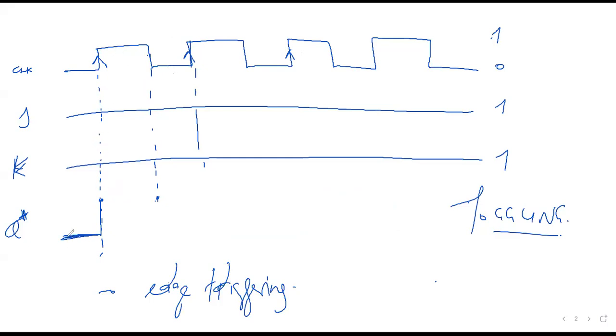So what happens? I start with a 0. What will be my Q next? There is a toggle here because of that edge triggering. What happens here? The state remains because there is no change of state here. When I go to 0, it remains because the clock is close to 0 here. We have the memory state.